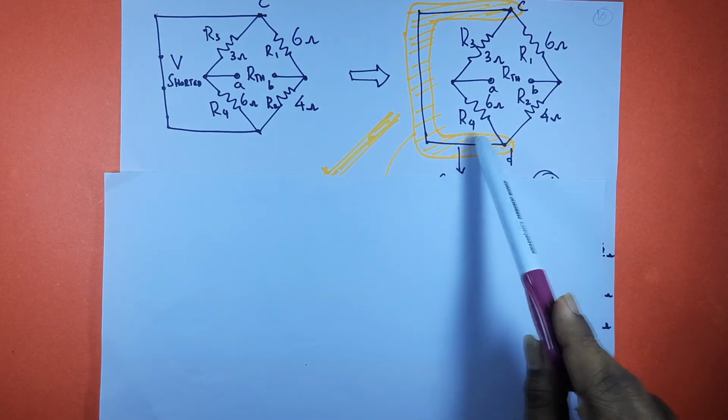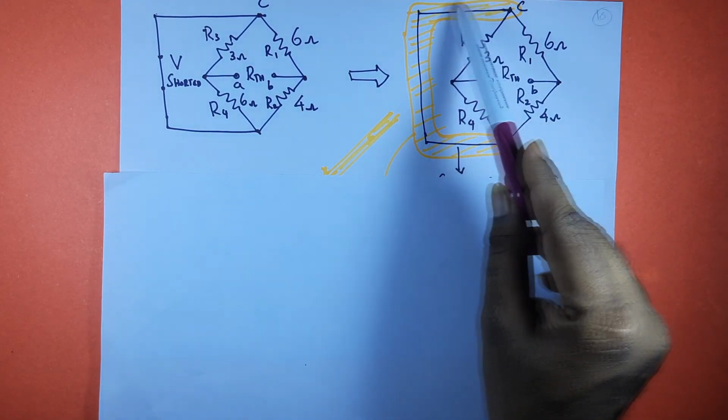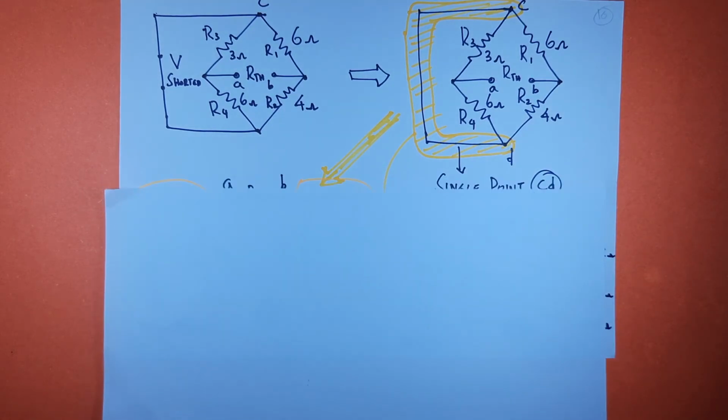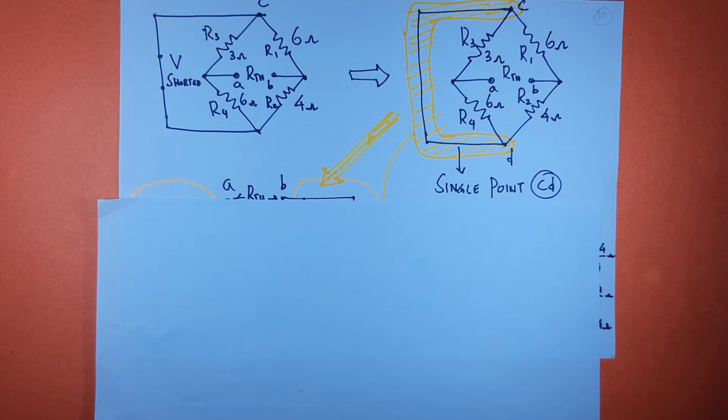That means these two points C and D are a single point because of the short circuit. To find this RThevenin, we will redraw the same circuit for our convenience.